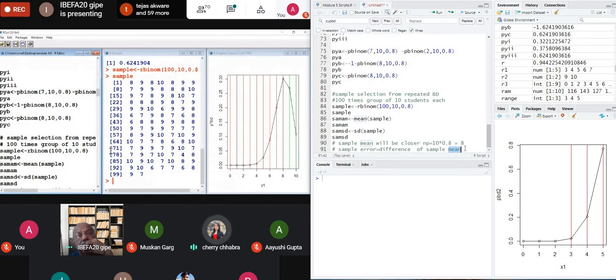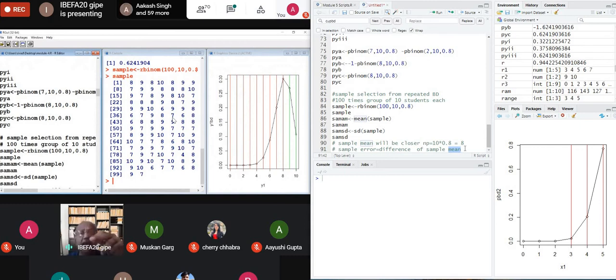So 100, correct. Your sample may be different from mine, okay? Because everything is random. If you generate 100, your values need not be the same as mine.